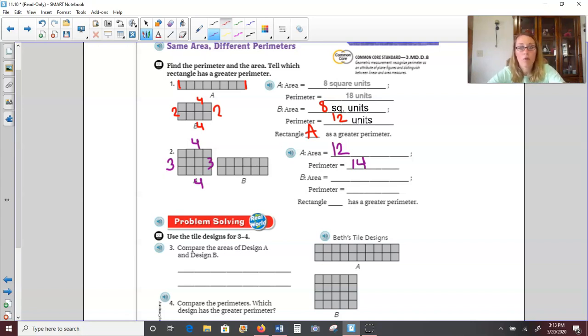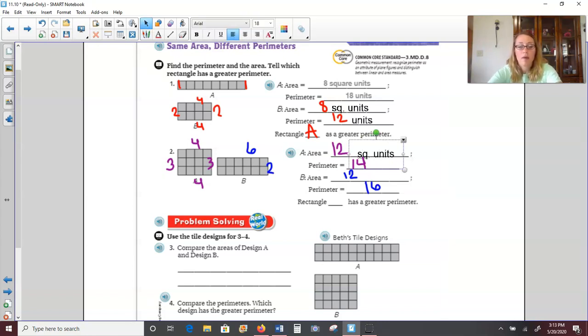For rectangle B, it has a measurement of 2 units on the sides and 6 on the top and bottom. So 6 times 2 is 12 for the area. Perimeter, distance around, we would do 6 plus 6 is 12, plus 2 is 14, plus 2 more is 16. So it has a perimeter of 16.